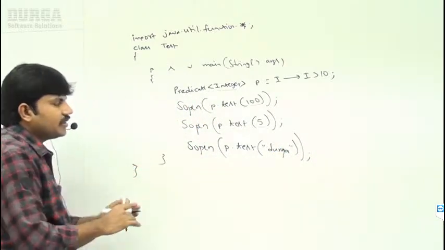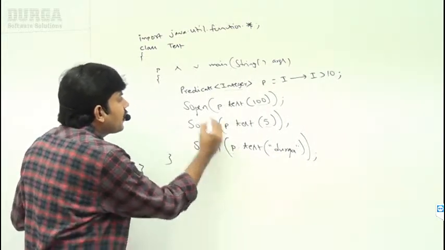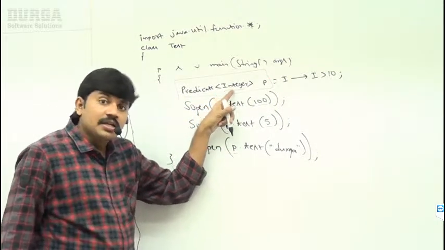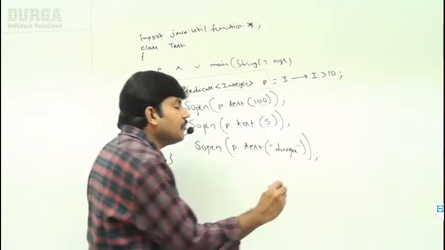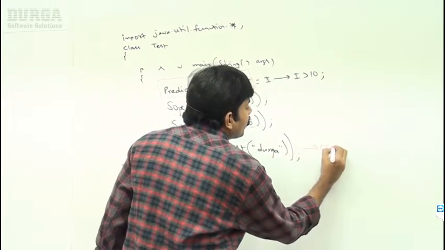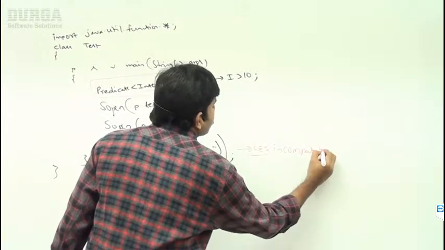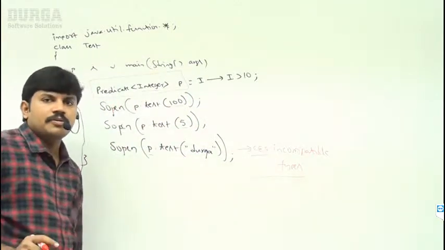If I do it like this, immediately we will get a compile error, because this predicate is defined to take Integer type as the argument, but you are passing String type. Then immediately we are going to get a compile error saying incompatible types.